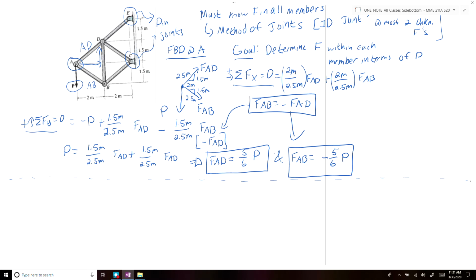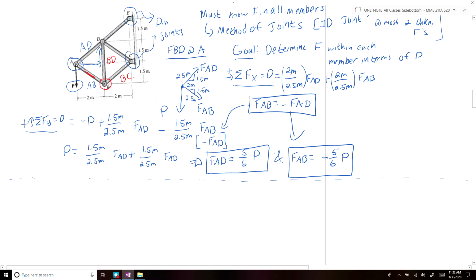So if we look at joint B, we're going to have one known force, which is the force within AB, and we have two unknown forces, the force within BD and the force within BC.